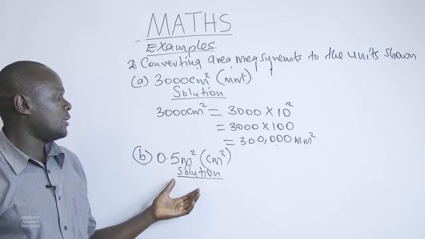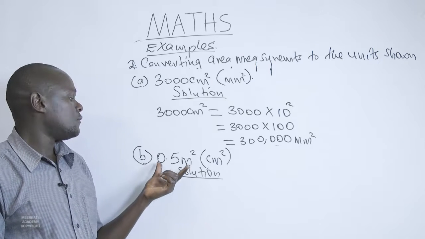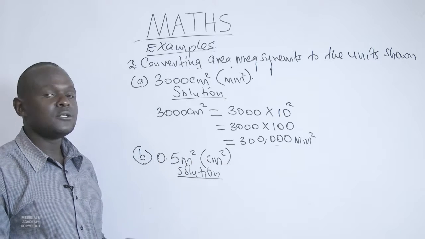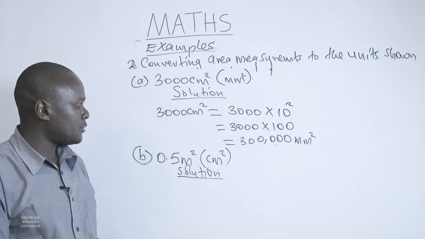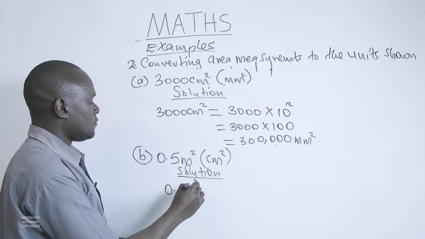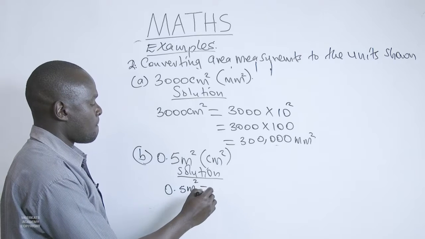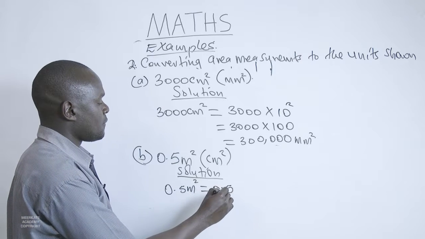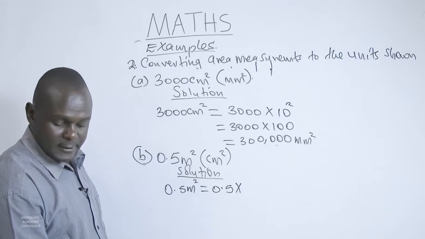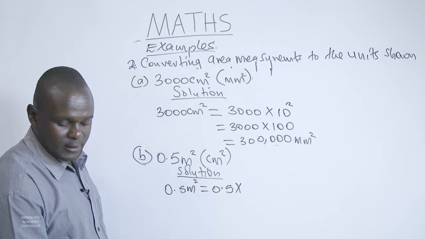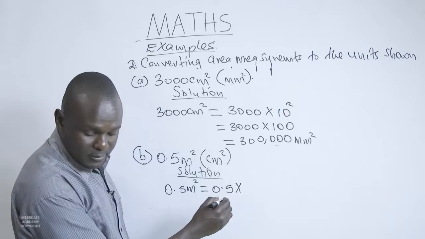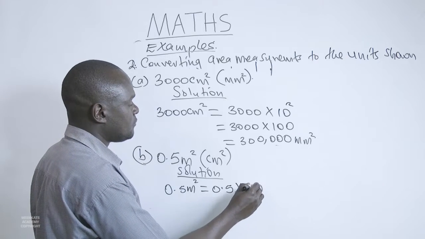In this example, again, we are supposed to convert from a larger unit to a smaller unit, so it is all about multiplication. Looking at the chart, when we move from square meters to square centimeters, we multiply by 100 squared.